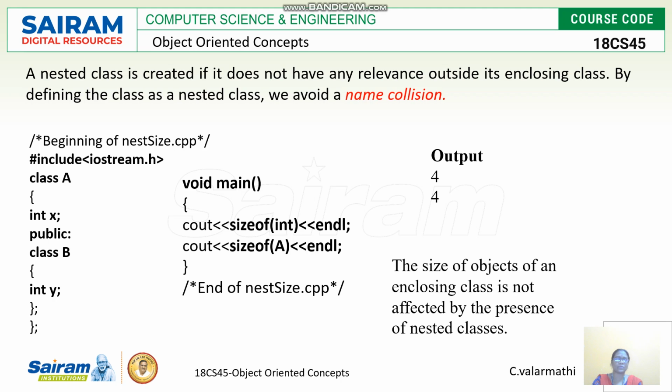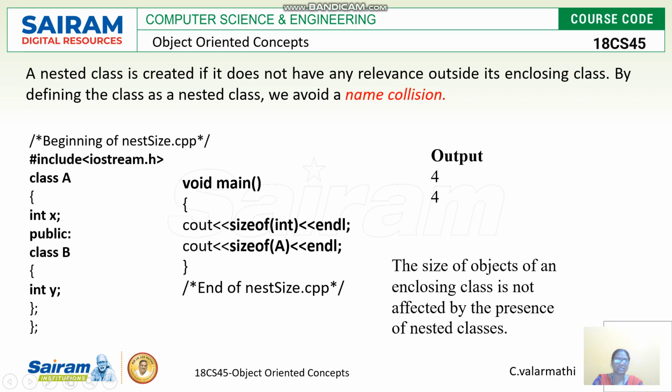If the classes have identical data members, the size occupied by both classes will be the same. There is no point in assuming that the enclosing class should have more space than its nested class. That assumption is entirely wrong.